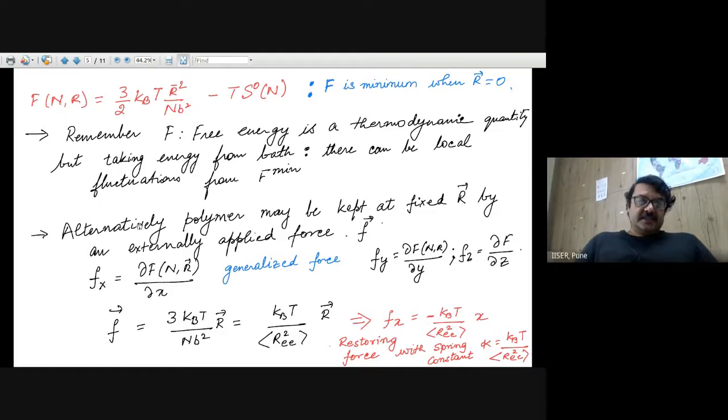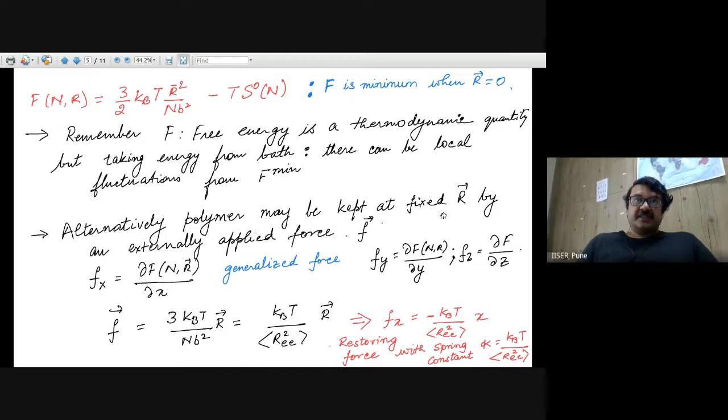Alternatively, the polymer can also be kept at a fixed R. I already showed that if the end-to-end distance is not 0 but some finite R, there's an increase in the free energy, right? And as a consequence, the system would like to go back to a conformation where the free energy is minimized.